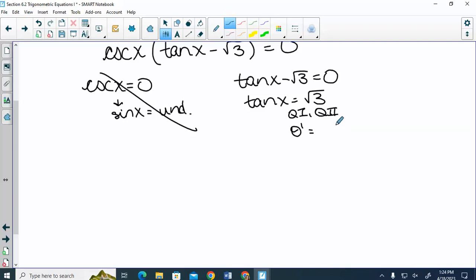Tangent, square root of the top over square root of the bottom. 60 degrees, which is pi over 3. All right. So pi over 3 in quadrant 1 is pi over 3. What's pi over 3 in quadrant 2?